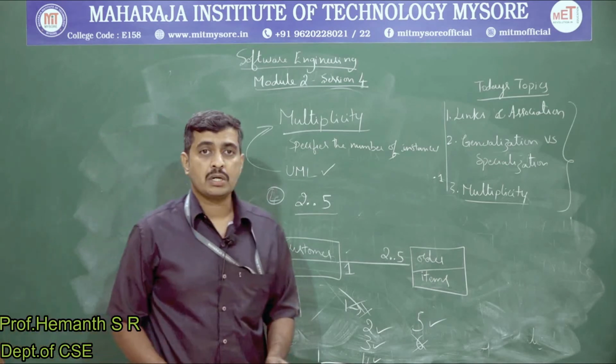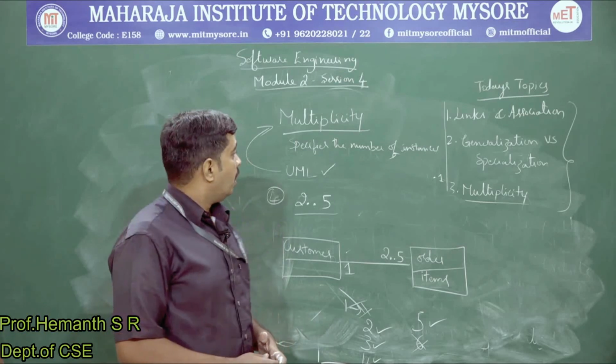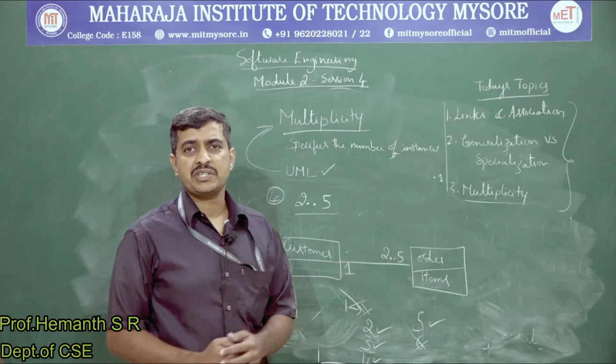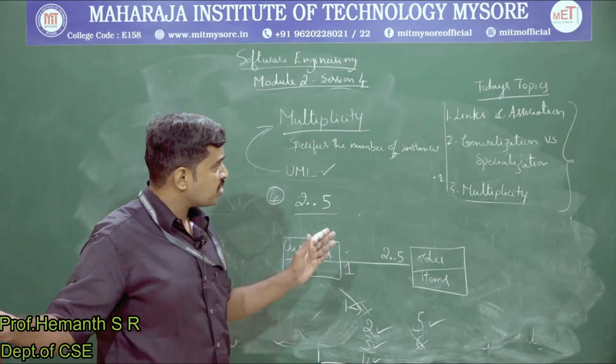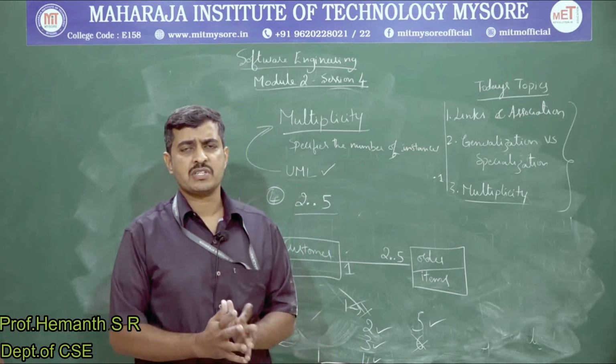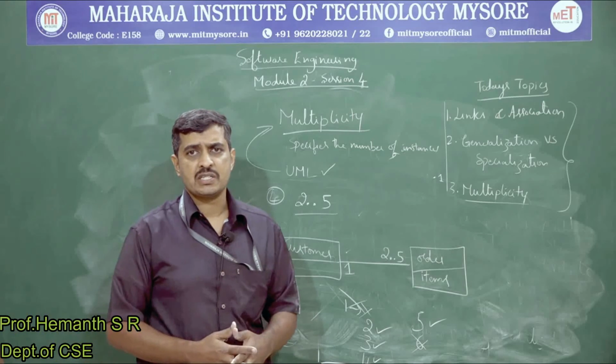So in today's session we saw a few more aspects of class modeling. We explored what is generalization, what is specialization, how using generalization and specialization we can create a more general class which is a super class, or we can create subclasses which are more specialized.